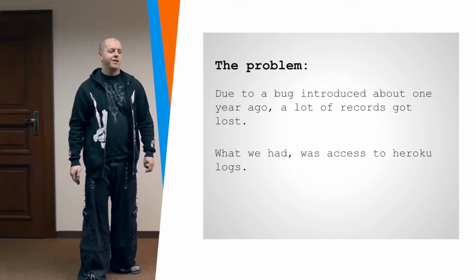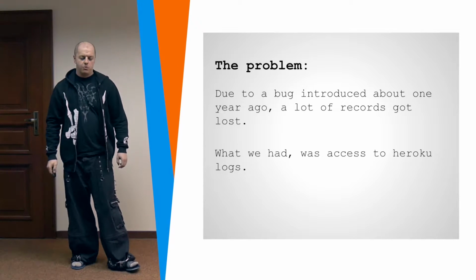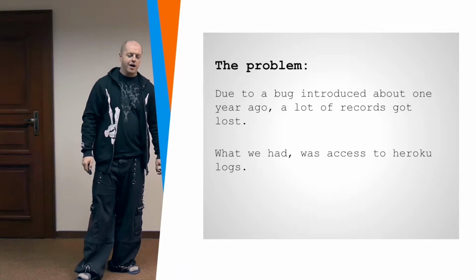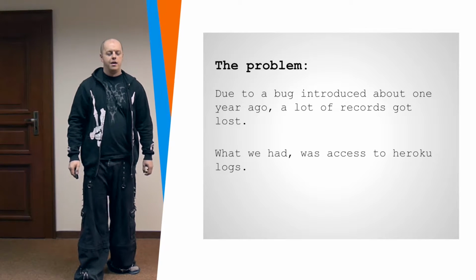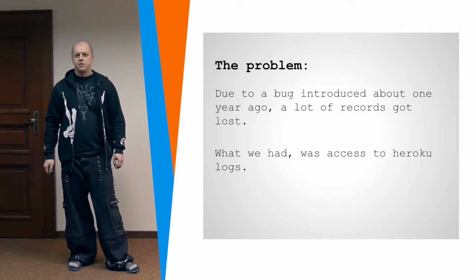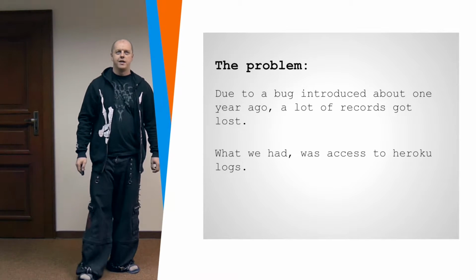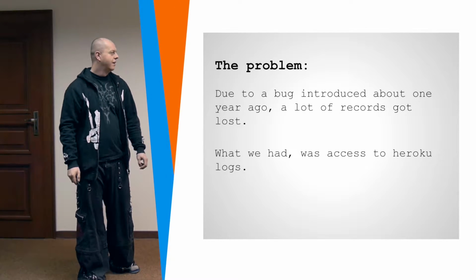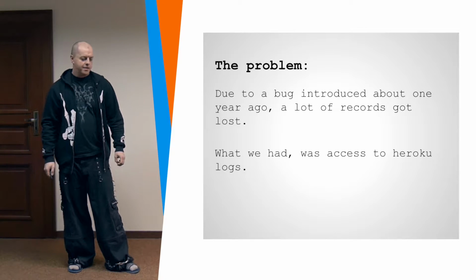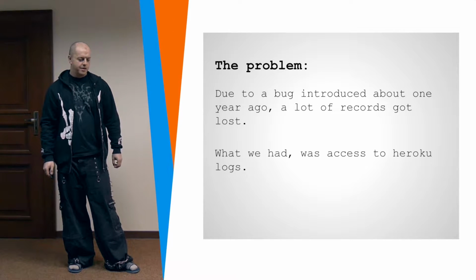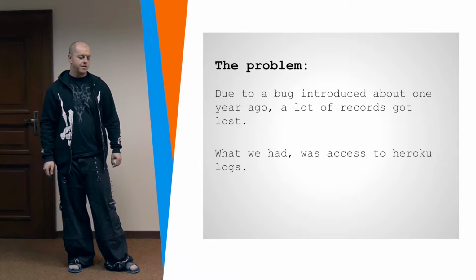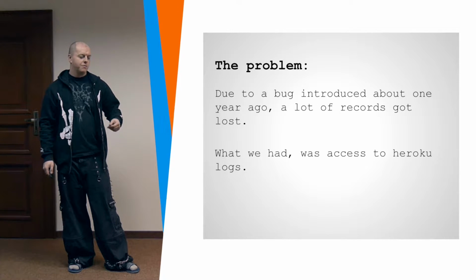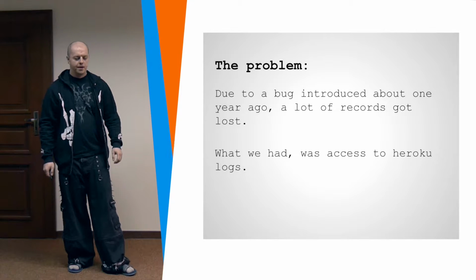So, the problem I had was a bug which was introduced a long time ago, and we had that bug on that project for like 1 year. And the bug was about deleting associated records when some event occurred in the system.